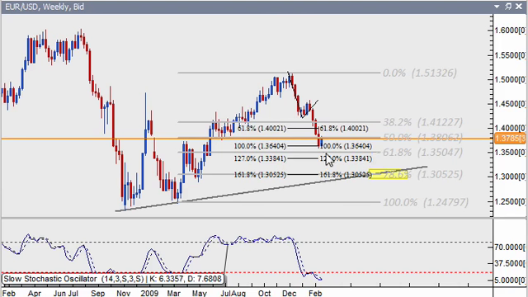And if the market passes that, there's a very strong support here at the coincidence of 78.6% and 161.8% expansion. So the 1.3 area is a very important support, and if the market continues to decline, look for bottoming action there, if not at the 127% expansion area.